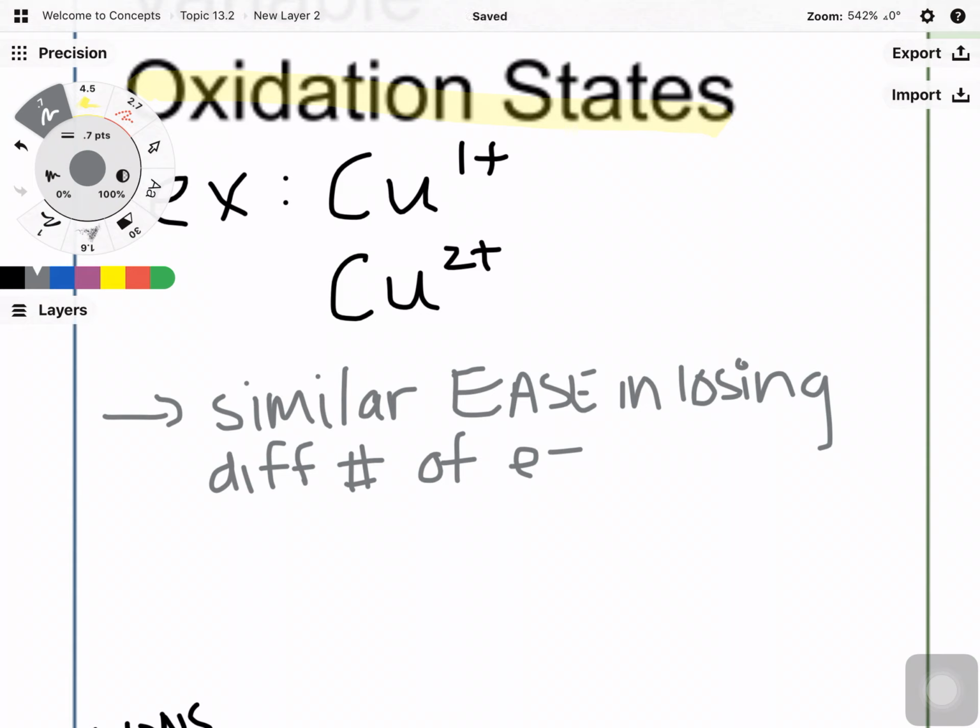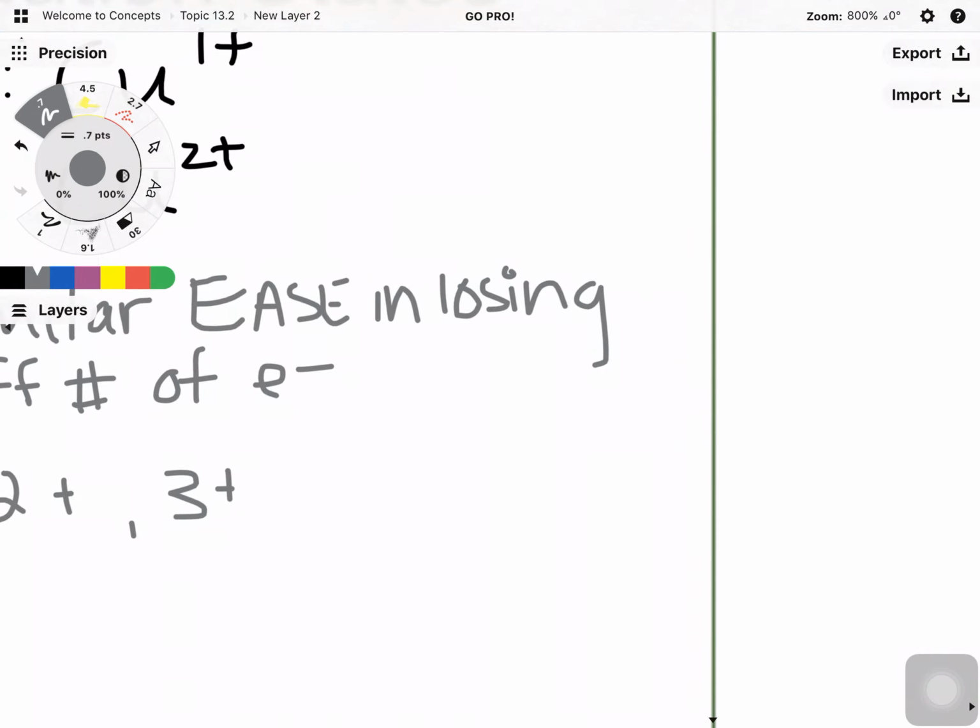Quite often that means that they have more than one charge. For example, losing 2 electrons or losing 3 electrons is just as easy, and so these ions are similarly stable.